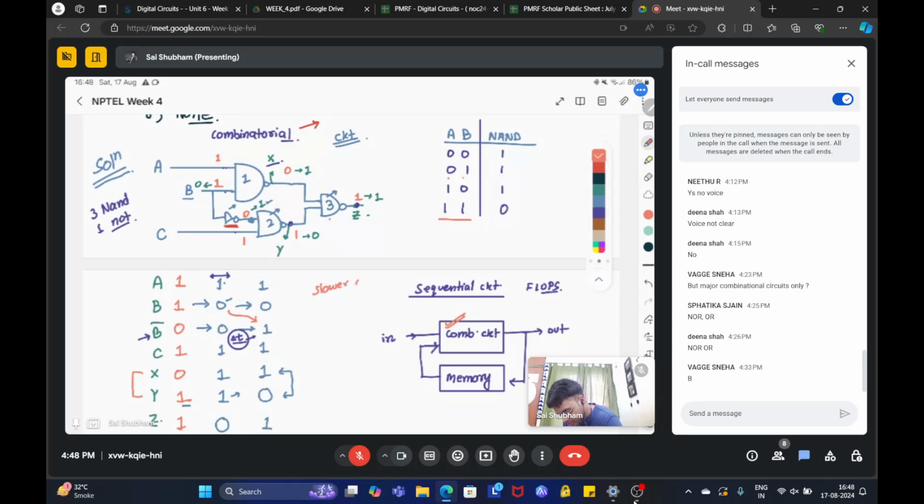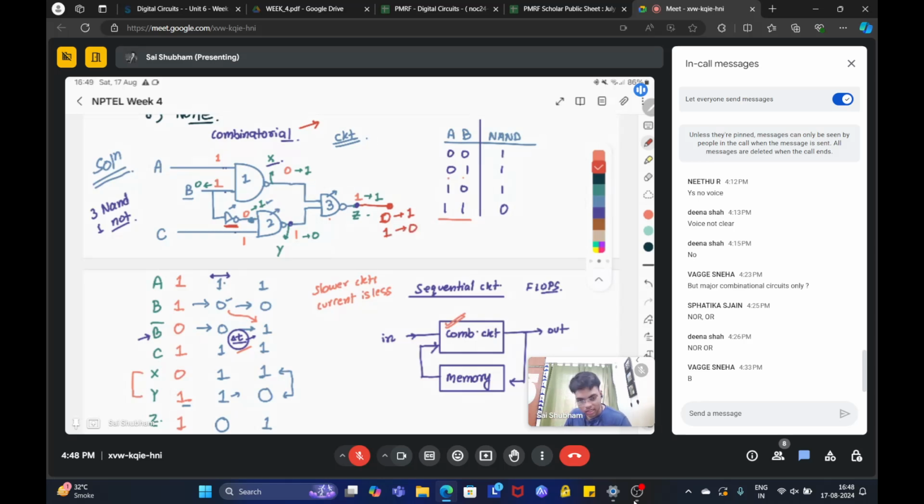In slower circuits, your current is less, so it will take more time. In every circuit, we have to either charge a node from 0 to 1, or discharge it from 1 to 0.